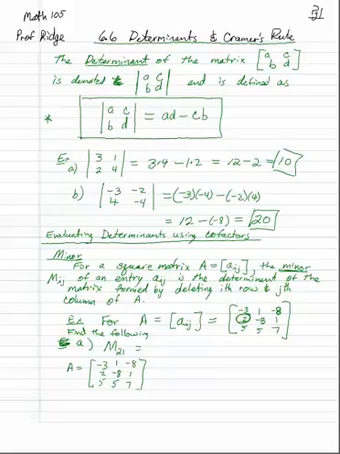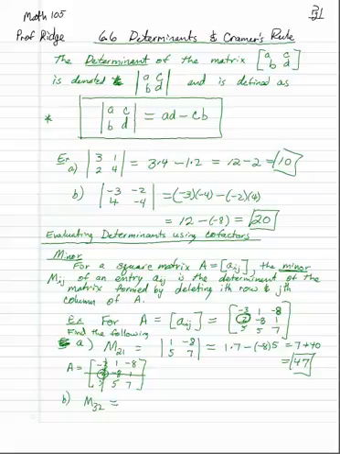I cross out the row and the column, and write what's left over. That's the determinant of 1, 5, negative 8, 7. So the minor is 1 times 7 minus negative 8 times 5, which is 7 plus 40, which is 47. So that's the minor of row 2, column 1.